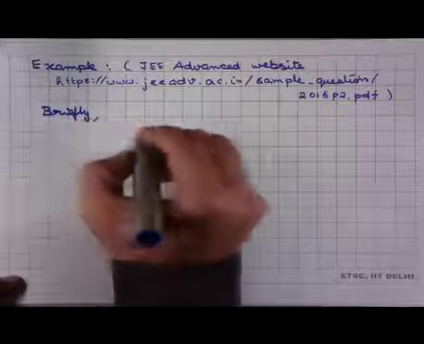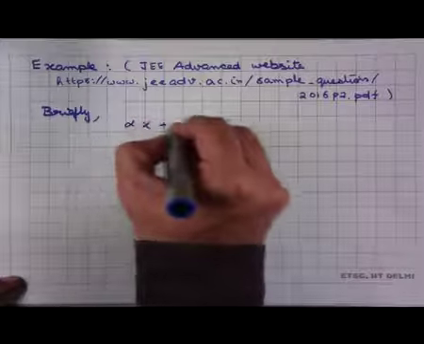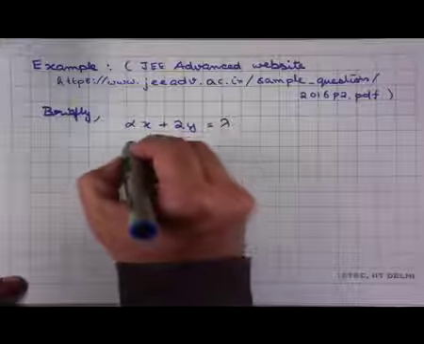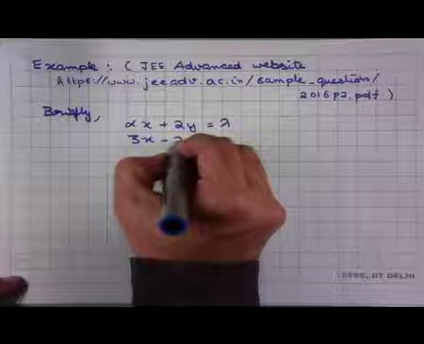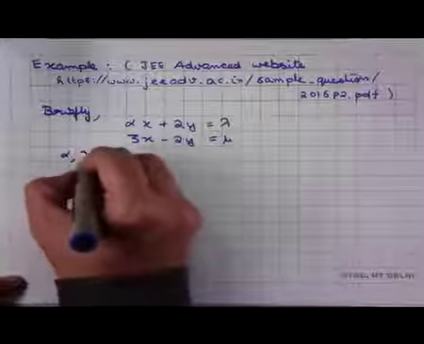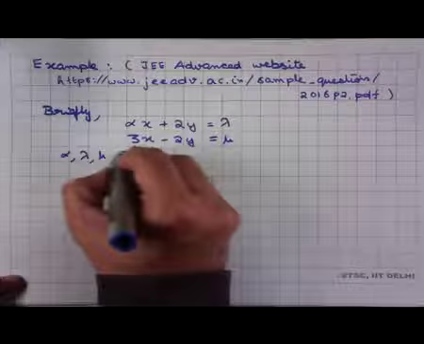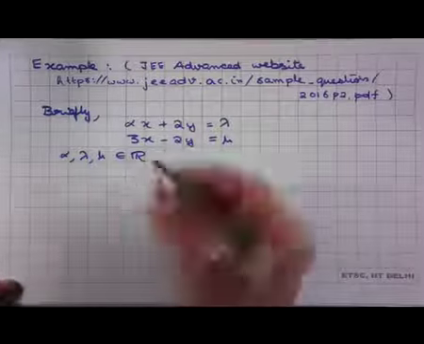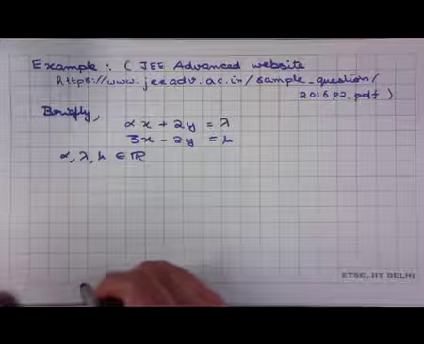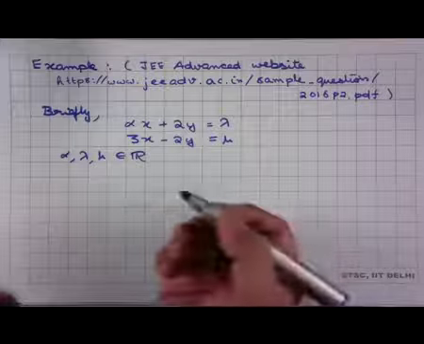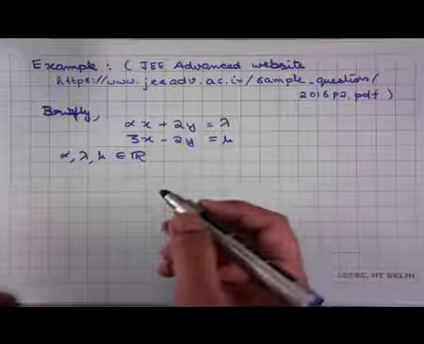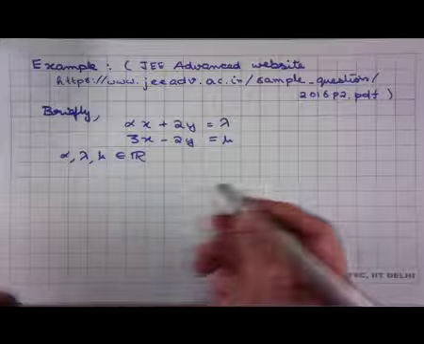Here we are going to consider a two-dimensional system of equations, alpha x plus 2y equal to lambda and 3x minus 2y equal to mu, where alpha, lambda, and mu are real numbers. The overall problem has many options, and one or more than one can be true, but let us just look at one of them and try to see whether that statement is true or not.